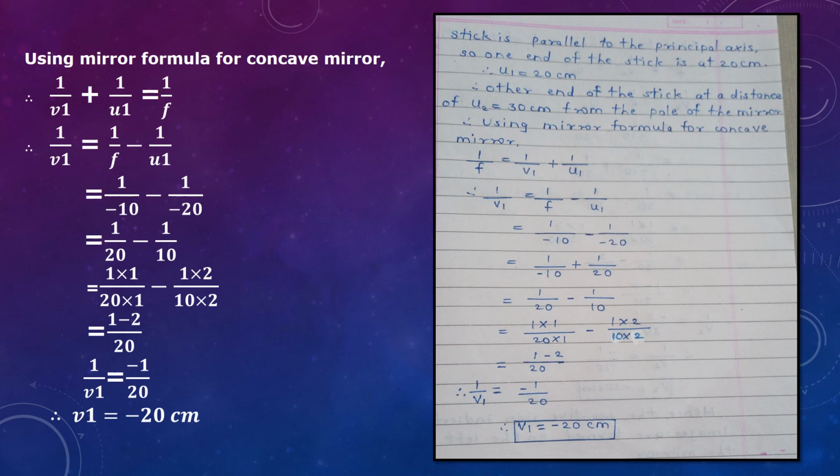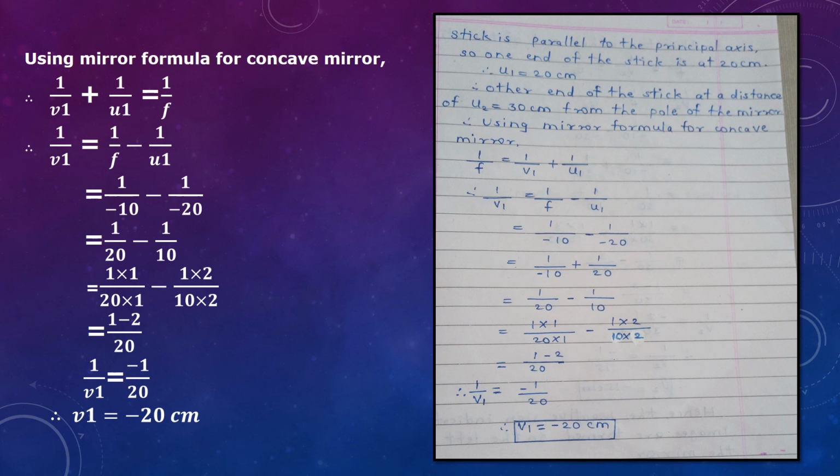Now here we have to make their denominators equal. You can see here on the right hand side page. For making their denominators equal, we have to multiply the first fraction by 1 and the second fraction by 2.